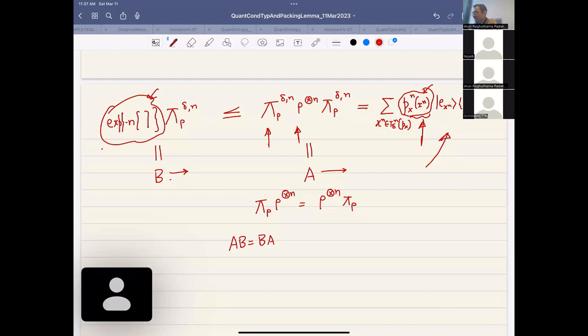Because they are in the typical set, it's exactly what we said in the classical case: if you take an element in the typical set, the probability is between these two exponents, exp minus n times H of p_x minus delta and plus delta. It really boils down to the classical proofs itself.